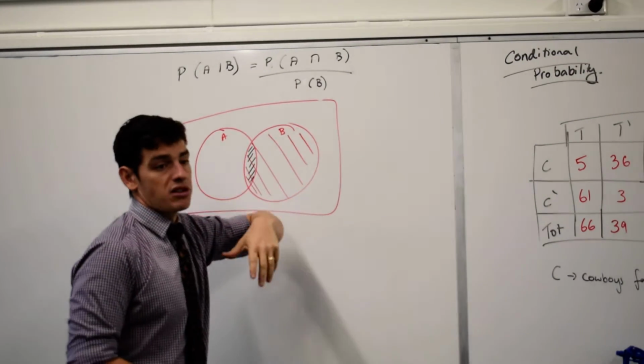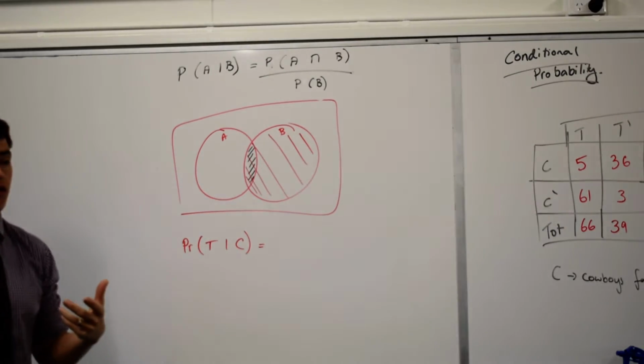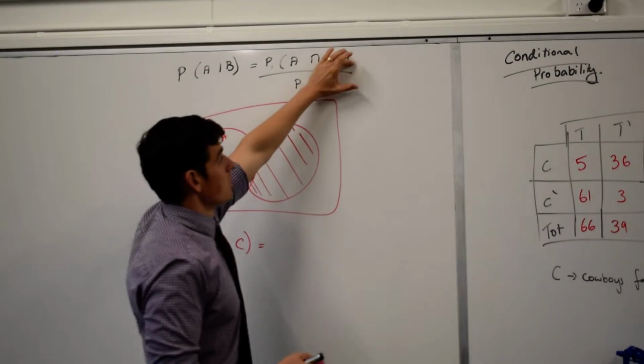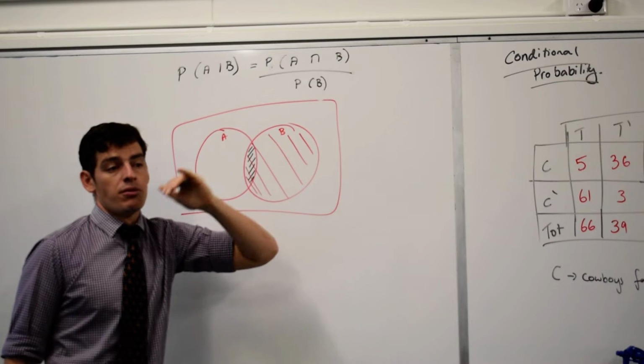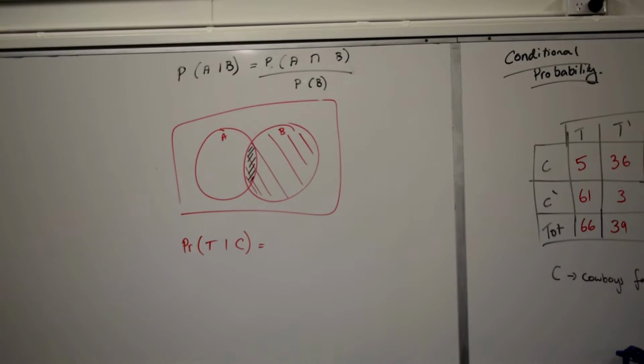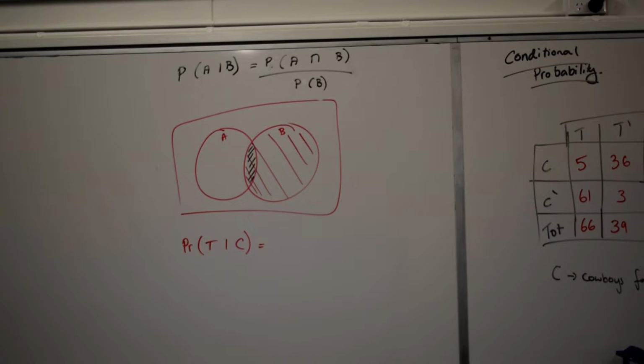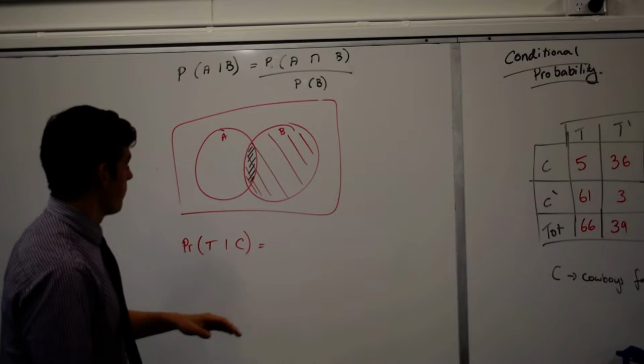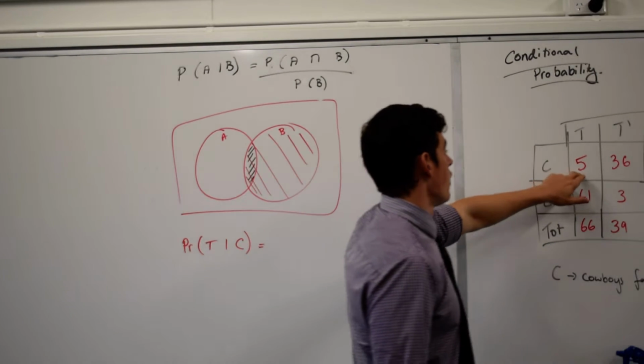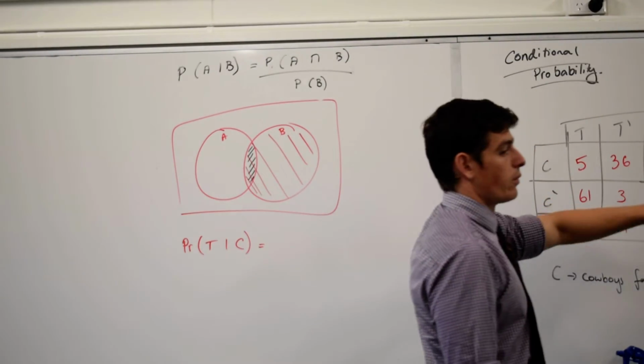Probability of B is going to be the same, but it's going to be divided by 105. So if we're dividing or multiplying the top and the bottom of the fraction by the same value, does it change? It's an equivalent fraction, correct? So I'm hoping that we should see the same as 5 over 41.